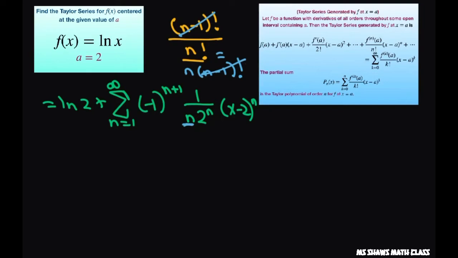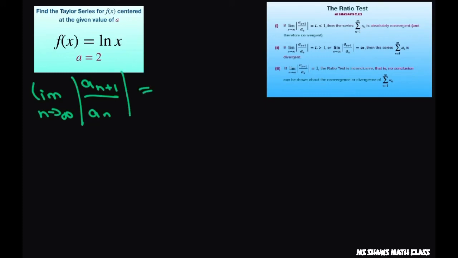Now, let's go ahead and look at our radius of convergence. To do that, we're going to take the limit as n approaches infinity of the absolute value of a sub n plus 1 divided by a sub n. So we're going to take what we had before.